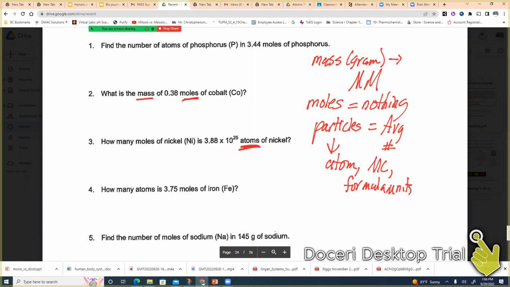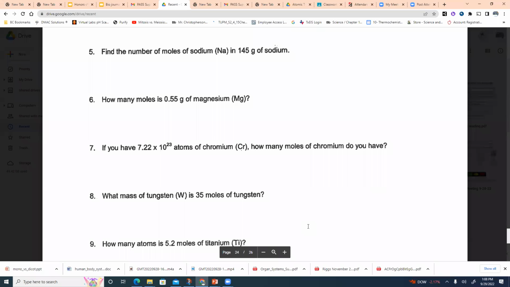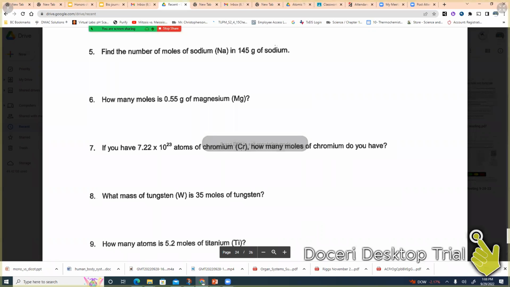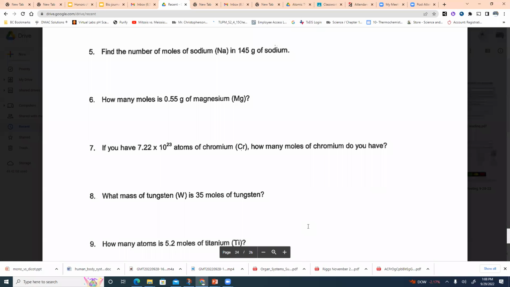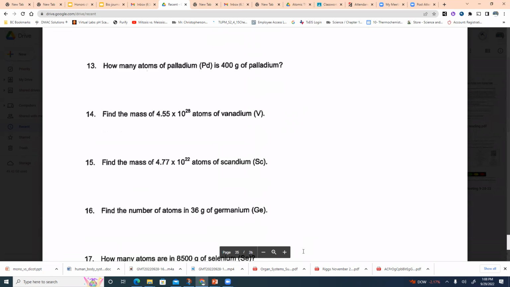I move down a little bit. So we look at number 5. Find the number of moles of sodium in 145 grams. So grams or mass tells me I'm going to have to use a molar mass as my conversion factor. And then when they get longer, if you flip to the back, I think number 13 is the first one that does both, like we were doing today.